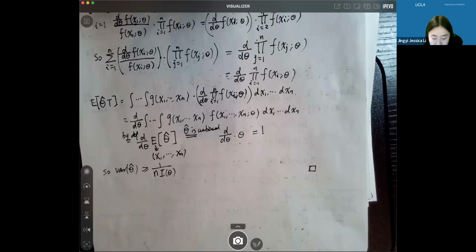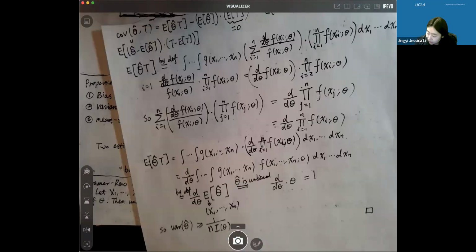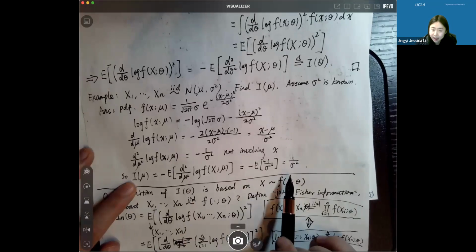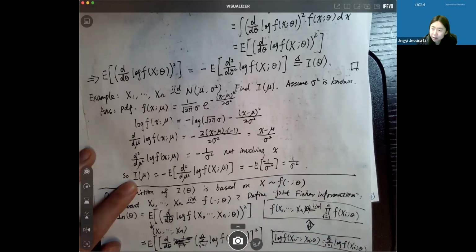All right, so now let's go back to this example we did before, the Fisher information for our mu parameter. Now let's use the Cramer-Rao lower bound to see how well our estimator performs.